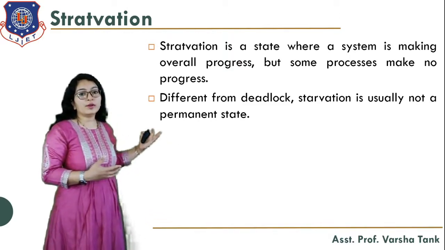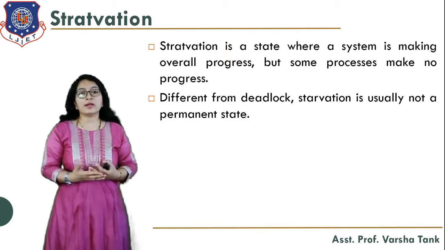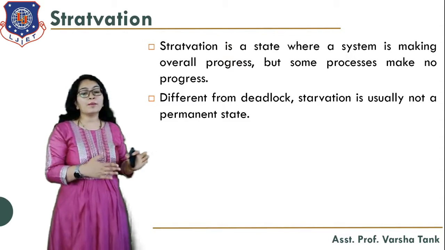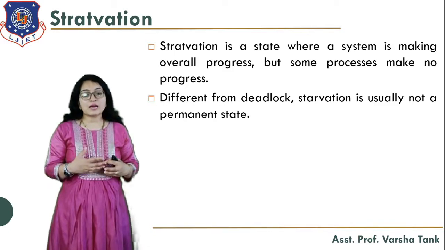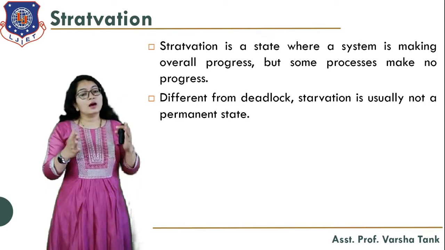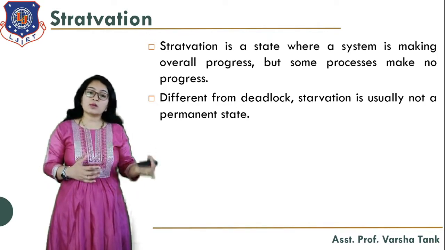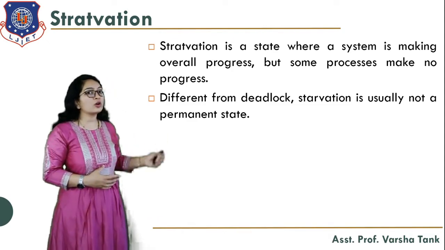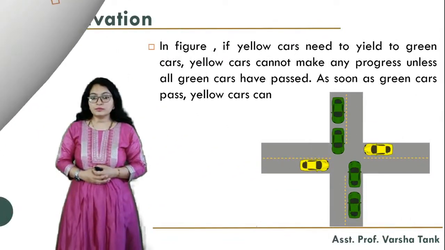So, the starvation is different from the deadlock. Why? Because starvation is usually not a permanent state. That means starvation will not happen permanently for each and every process. After some time, the process will get the chance to execute. So starvation is not always a deadlock.